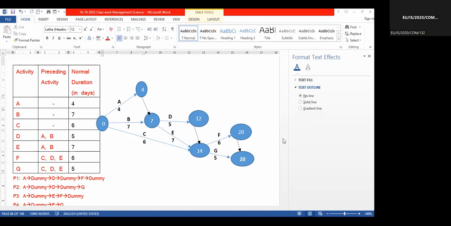Don't worry about it now. The project duration is 20 days, the normal duration. So the activity durations are 4, 1, 6, 5, 7, 8, 6, and the total is 20 days.